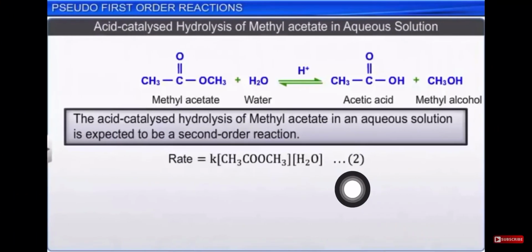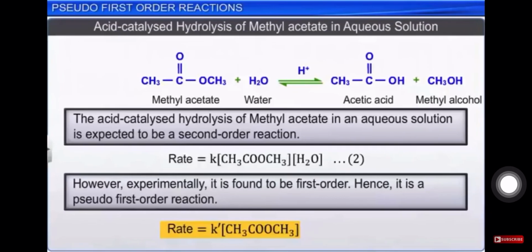Here we are saying the acid catalyzed hydrolysis of methyl acetate in an aqueous solution is expected to be a second order reaction. Actually it should be second order, but it is not. However, experimentally it is found that it is first order, hence it is known as pseudo first order reaction.